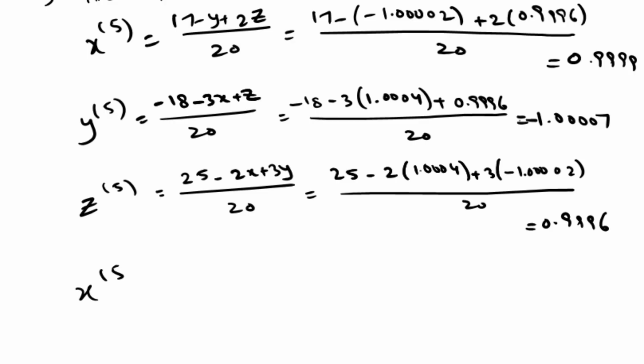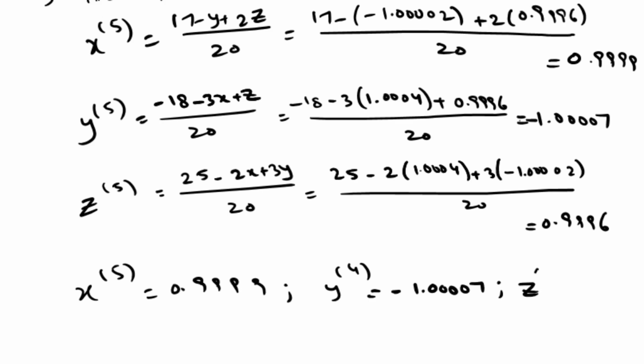X in the fifth iteration is 0.49, y is -1.407 and z is 0.9996. Now again we'll go for the sixth iteration.